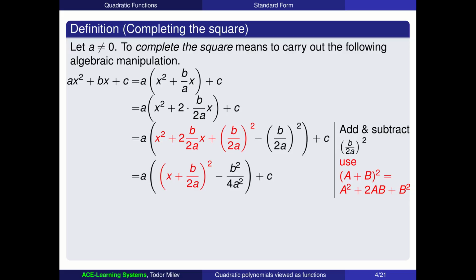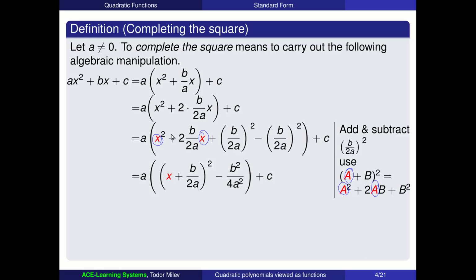Next, we use the fact that (a plus b) squared is equal to a squared plus 2ab plus b squared. So in this case, the letter x plays the role of the letter a. So I'm having (a plus b) squared, and that is a squared, and that's the number a here.